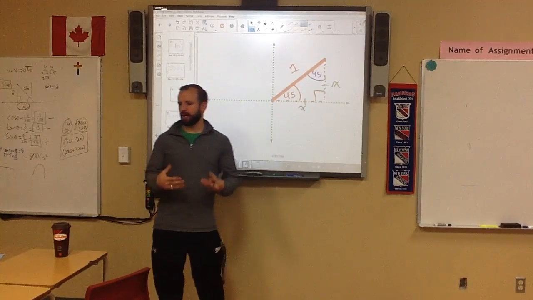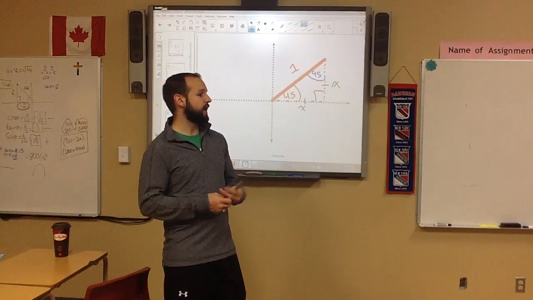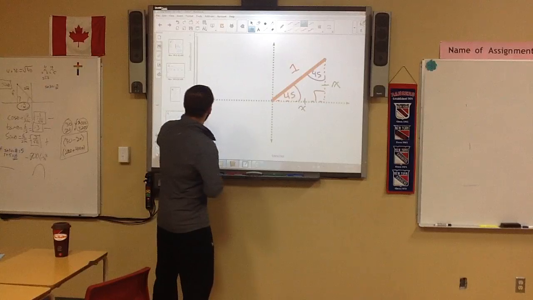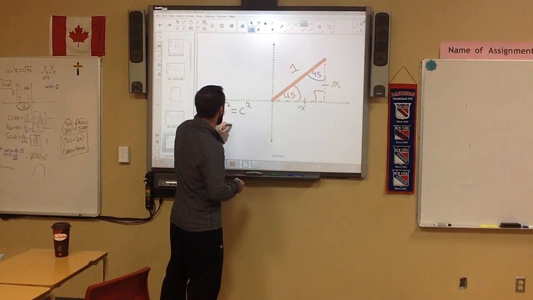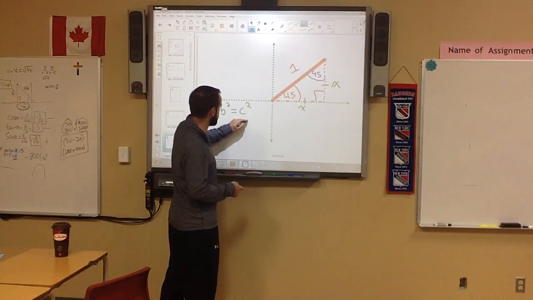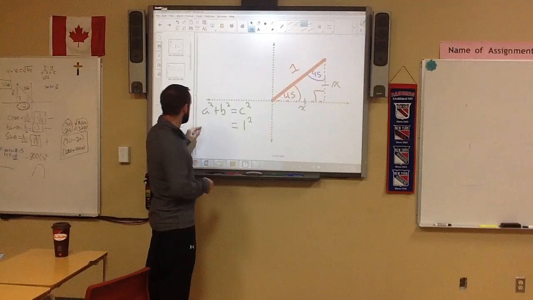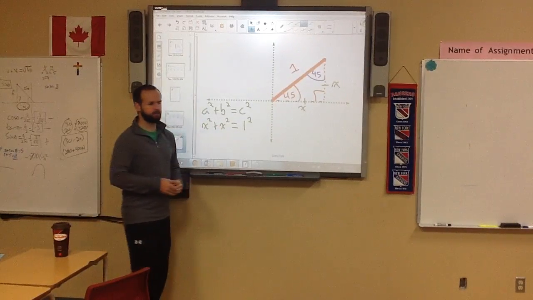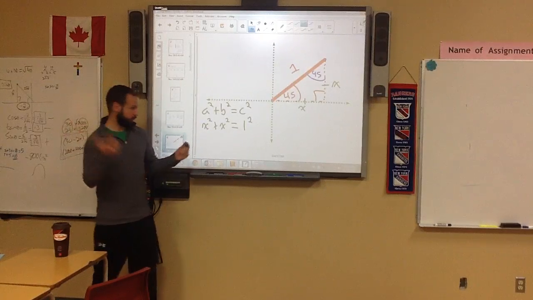What's my equation that I use when I have two sides and I'm looking for a third? A squared plus b squared equals c squared. Okay, I know for sure c squared is 1 squared, right? And we've converted this side to be x squared, and this side to be x squared. Is there a way I can simplify those together? 2x squared.